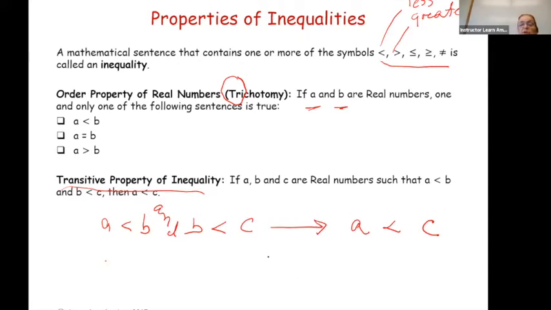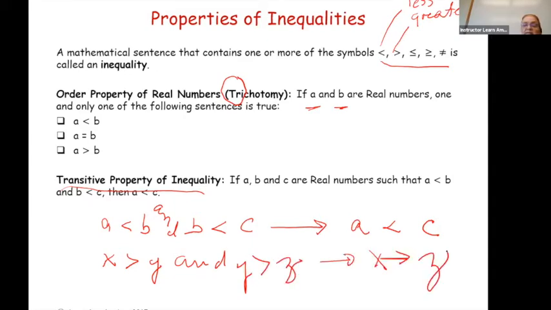And the same thing will work for greater than. If X is greater than Y, and Y is greater than Z, then it must follow that X is greater than Z. So these are transitive, goes across like traveling across.